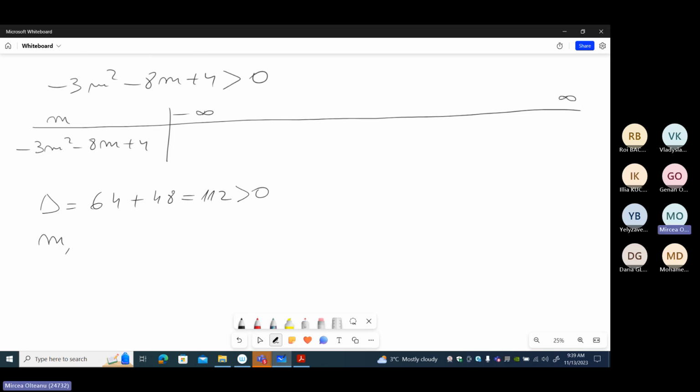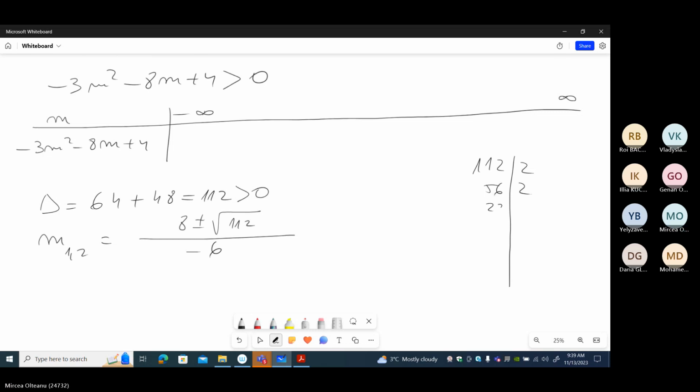Now we need to compute m1 and m2. Here we need to make some elementary computations. So we need to see 112, how it can be factorized. So 112 can be written as 2 at 4 times 7.